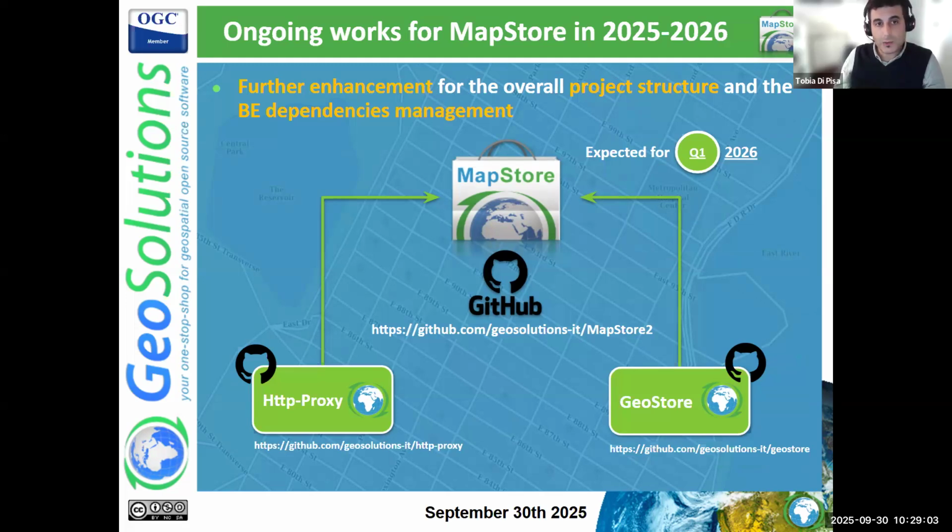We expect, on the other side, from the project structure point of view, to review the overall project structure, both on the backend and the front end, for further improving the dependency management, but also to reduce the complexity in general of the MapStore module structure.